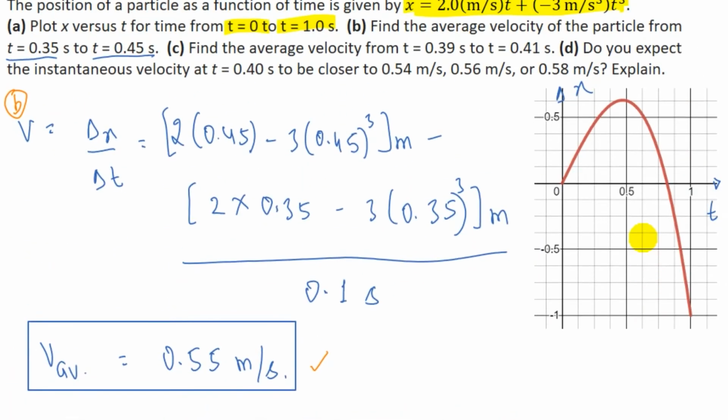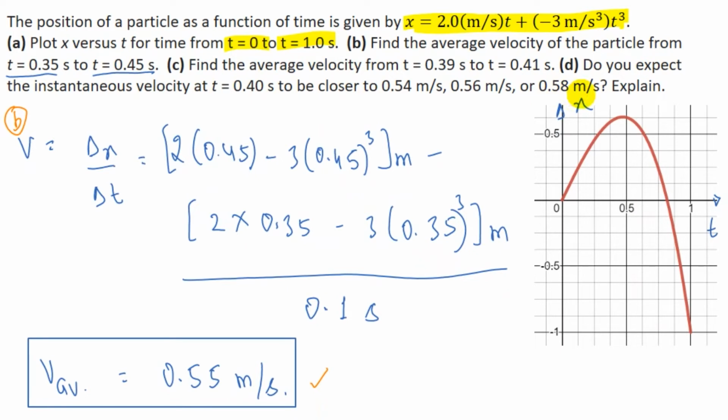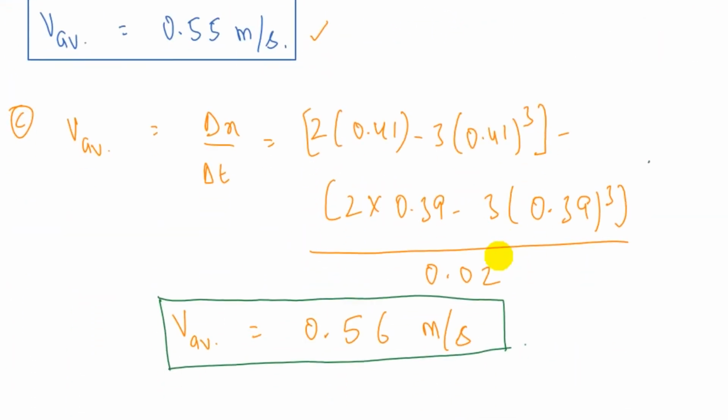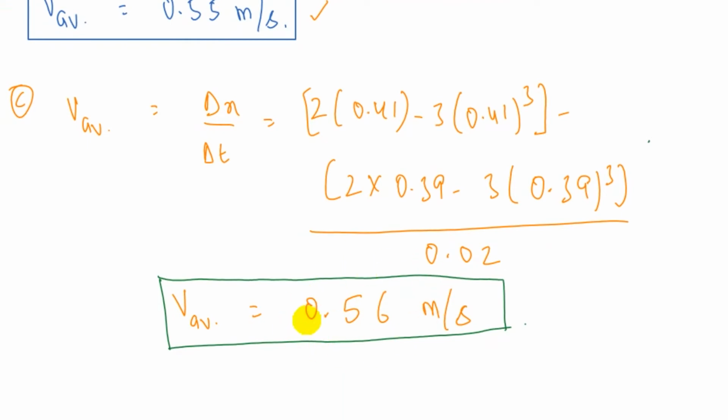Now in the D part, the final part, we have to tell whether you expect the instantaneous velocity at time t equals 0.40 second to be closer to 0.454, 0.56 or 0.58. Now we calculated that in this time interval 0.39 to 0.41 the average velocity is 0.56 meter per second.